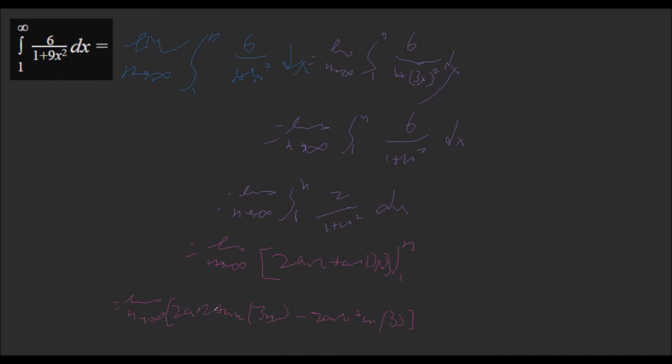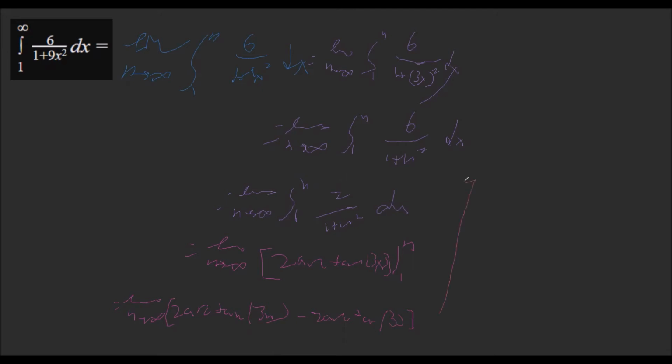However, I do know the limit as n approaches infinity of 2 arctan 3 times infinity. Now, this piece of knowledge you're just going to have to learn. The limit as n approaches infinity of arctan n is, I believe, pi over 2. You should probably know the limits as n approaches infinity of all your arbitrary functions. However, this one specifically is quite important.